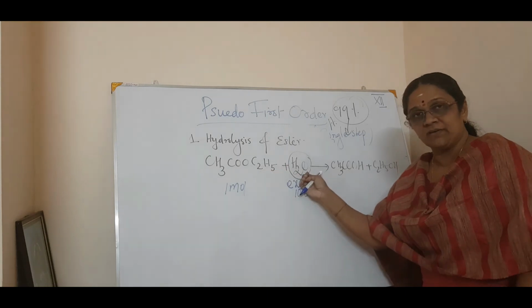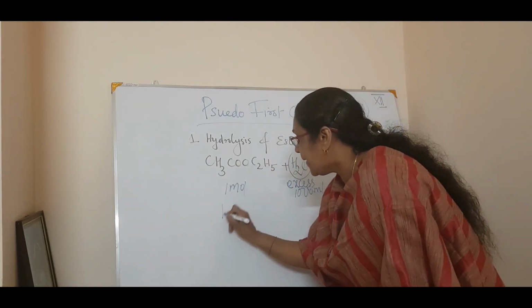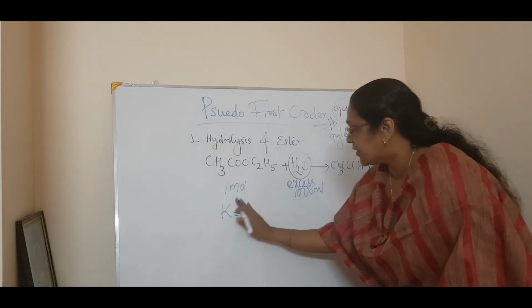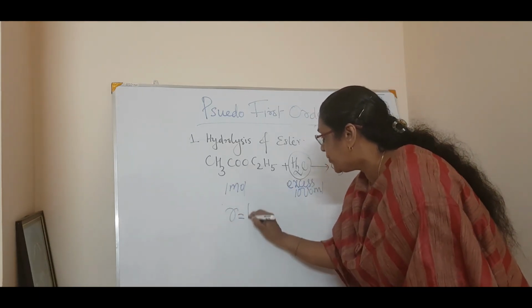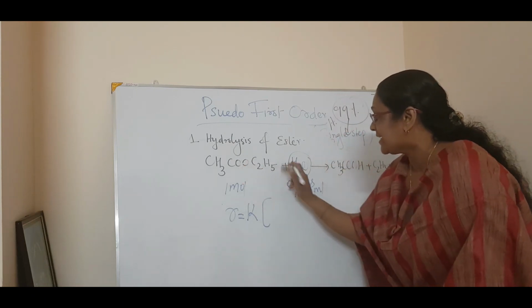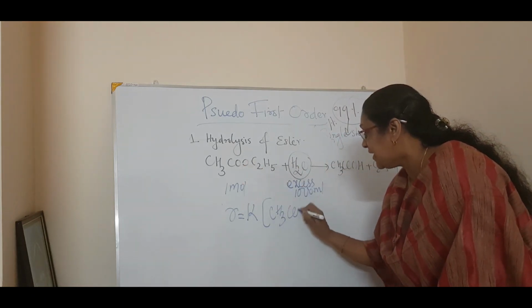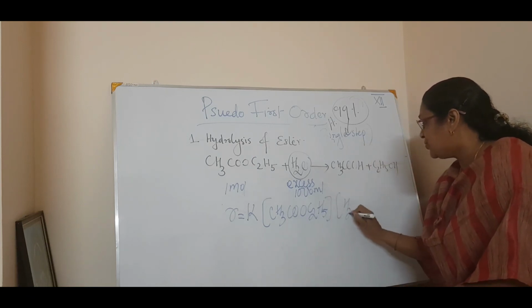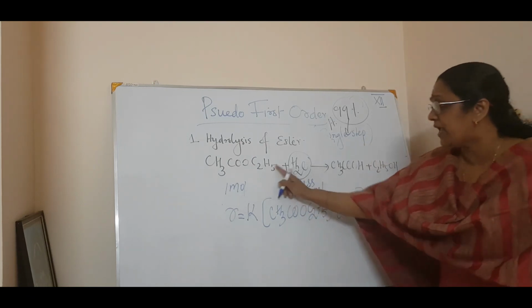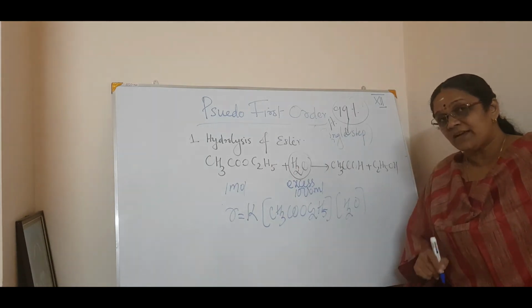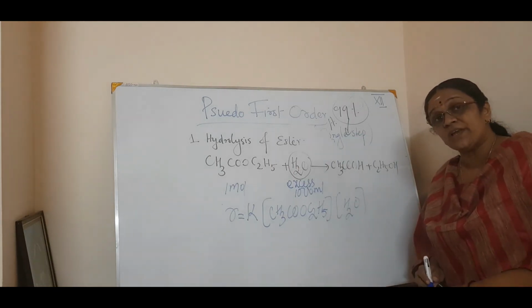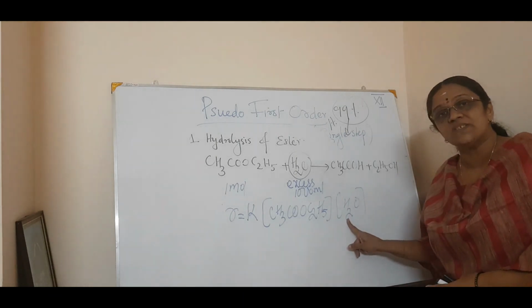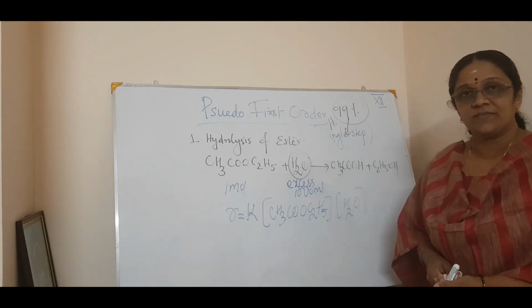So I can write the rate of reaction R is equal to K into the reactants, that is CH3COOC2H5 and H2O, because there are 2 reactants. But as I said, the concentration of water is in excess, so you can take that concentration as a constant.